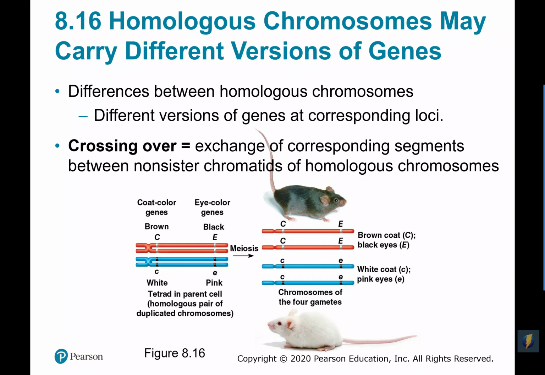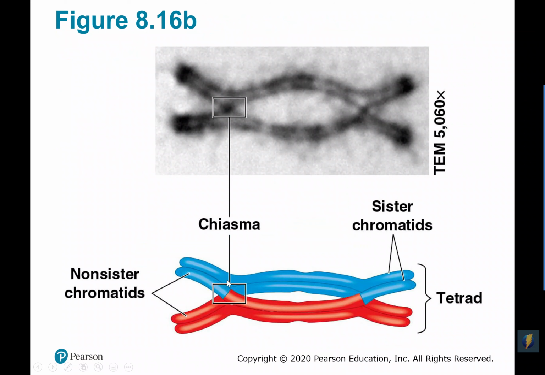The homologous chromosomes swap. And so you can end up with more variation that way. So you can see here are some non-sister chromatids, and you can see they're swapping some information there, right?